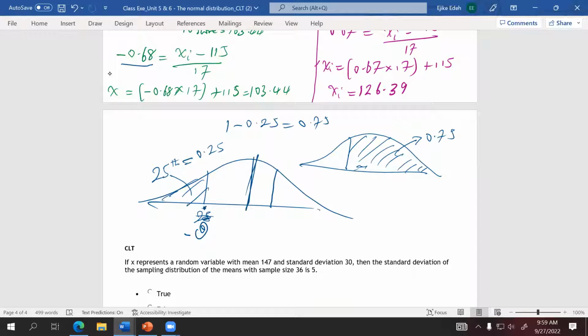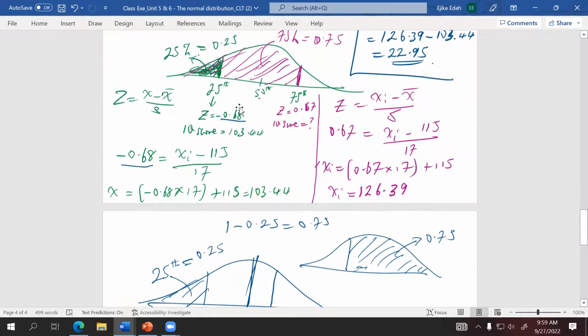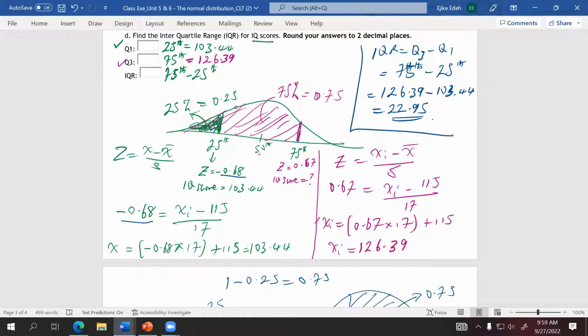Whatever you get here will be positive. Let me use the one we just saw. Over here, you see this is negative 0.68. On the opposite side, it's positive 0.67, just the rounding off error, right?